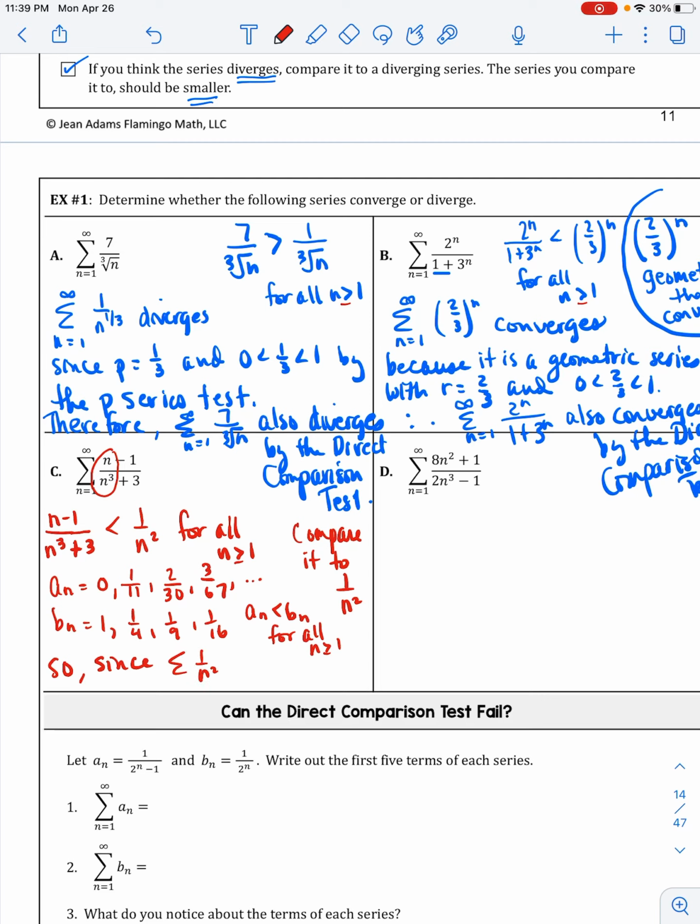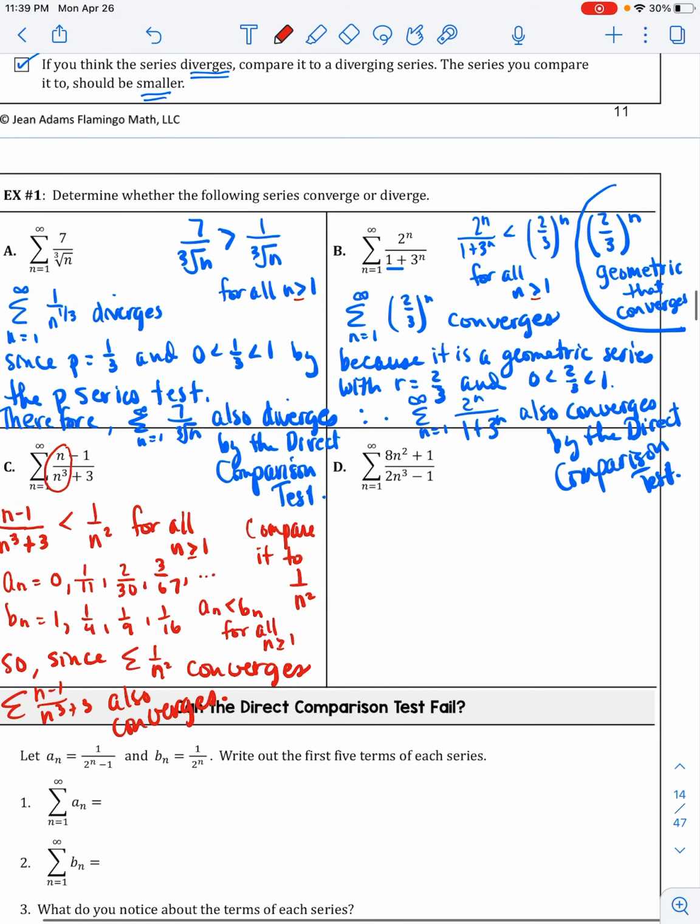Okay. So since summation 1 over n squared converges by the p-series test, the summation n minus 1 over n cubed plus 3 also converges.